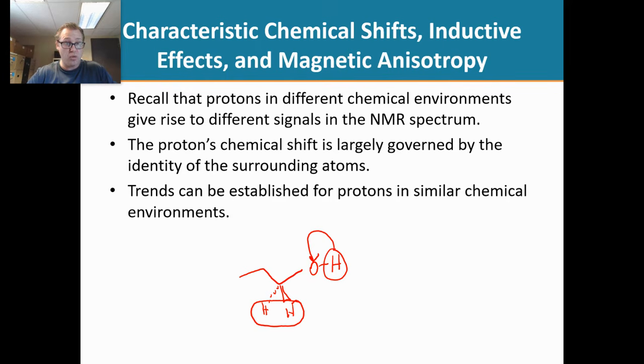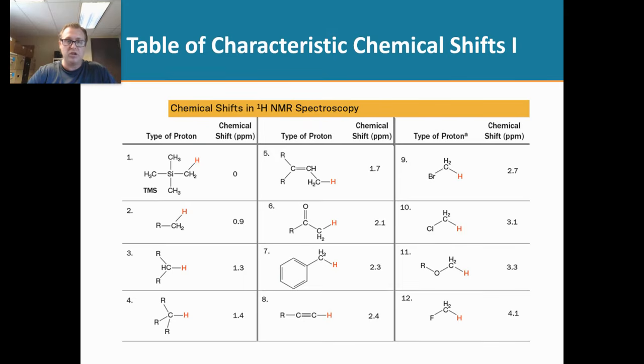Now we have trends and tables that show us these trends, shown right here. We see in this table, let me highlight some things. Try to get my laser pointer. There you go. So what we have here is methyl hydrogens, and we're only going to be interested in looking at one of the three, but you can see that this methyl group is attached to an alkyl group, and it has a chemical shift of 0.9.